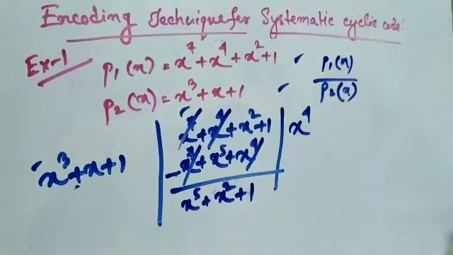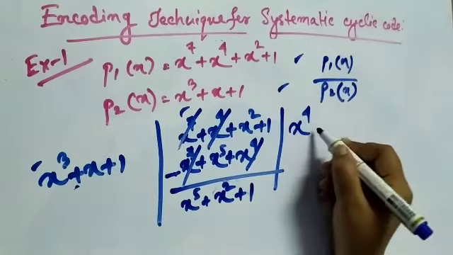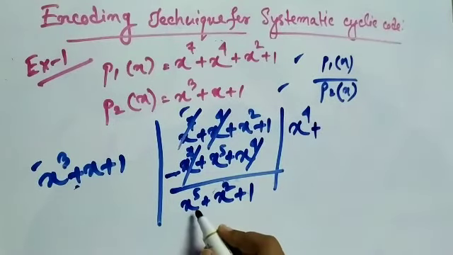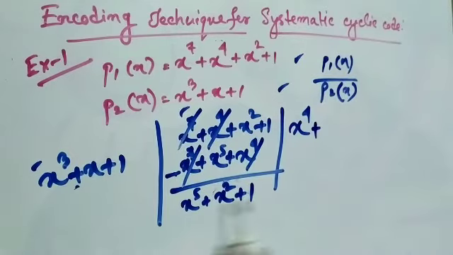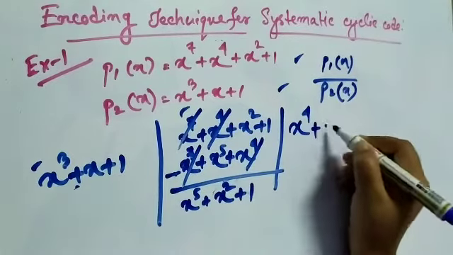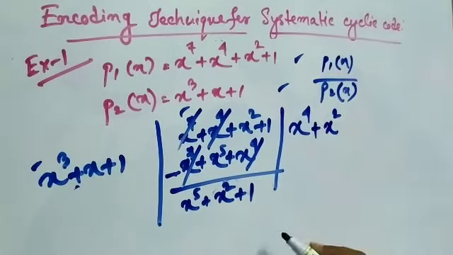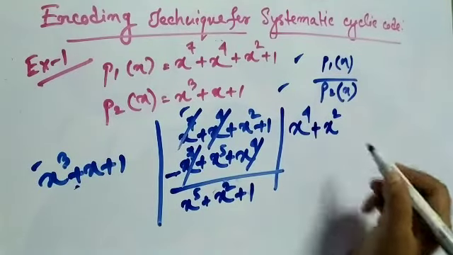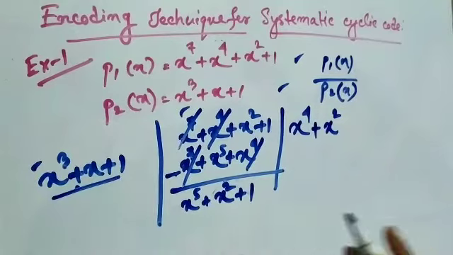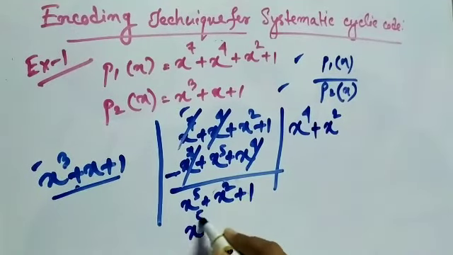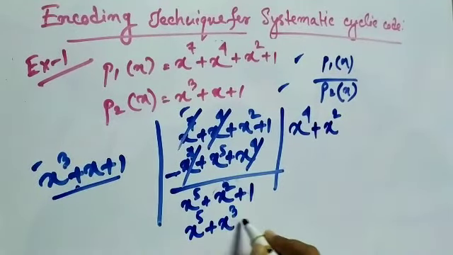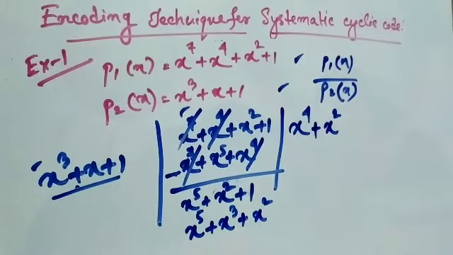Now a similar process is done until no more polynomial division is possible. Again this x to the power 5 is divisible by x cube. So the term multiplied here is x square. When x square is multiplied with all these terms, we get x to the power 5 plus x cube plus x square.